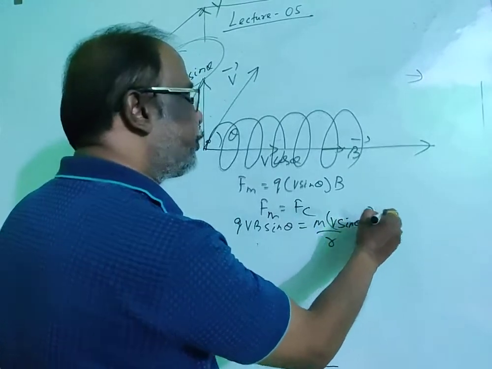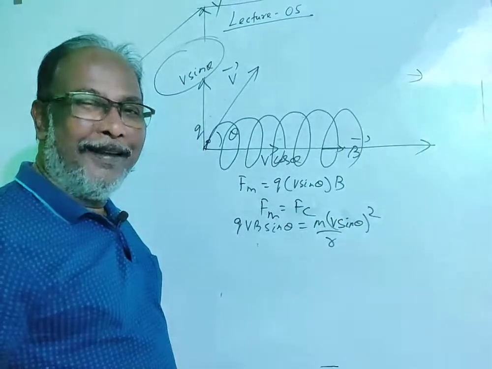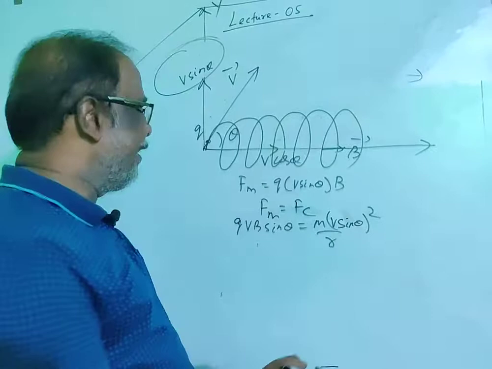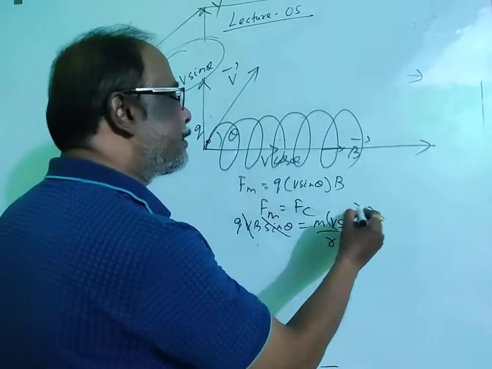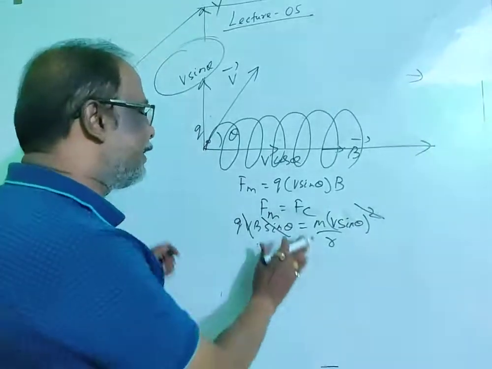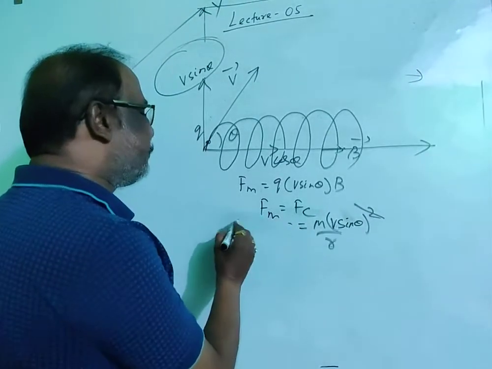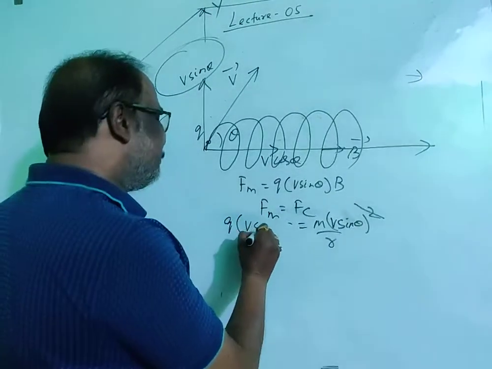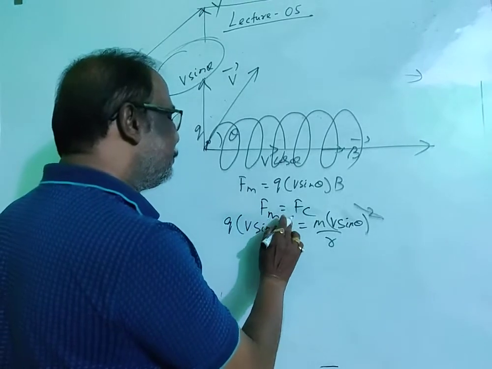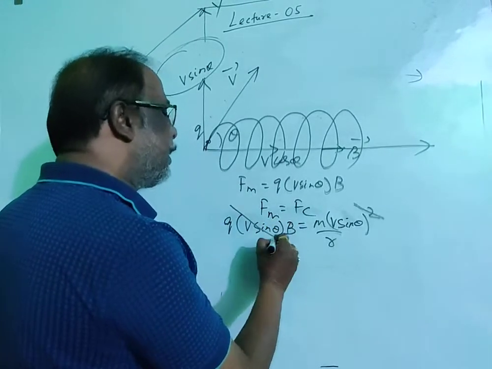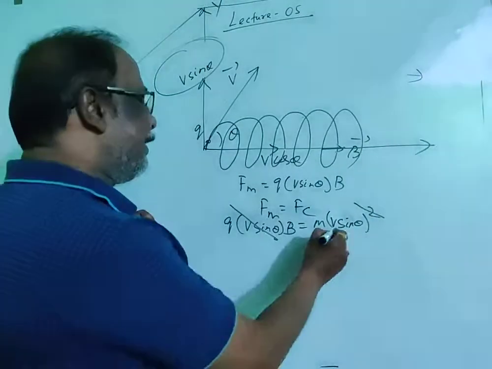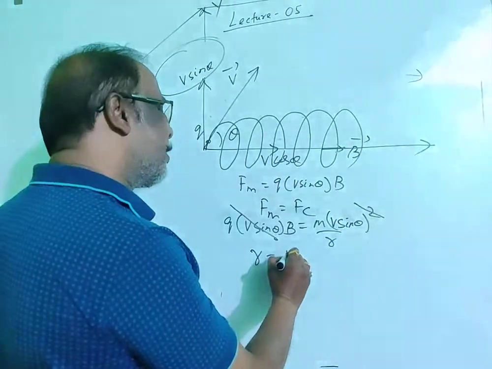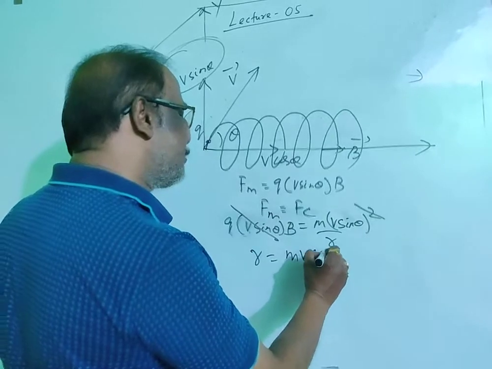So q into v sin theta into B equals m (v sin theta) square by r. Then v sin theta cancels the square form.